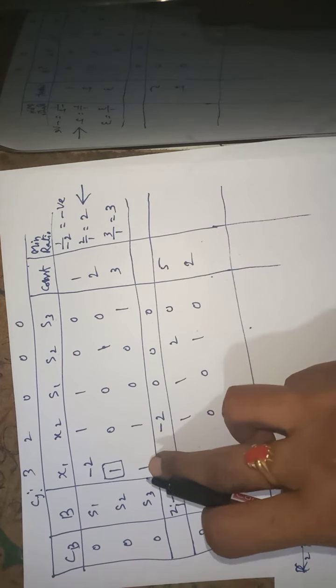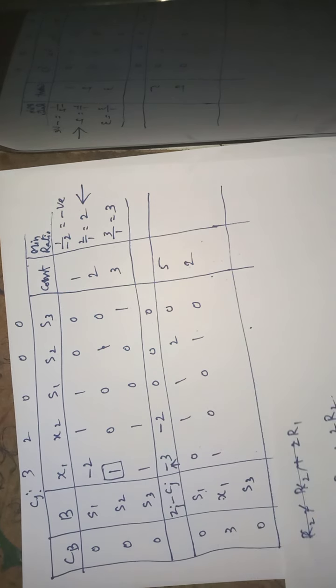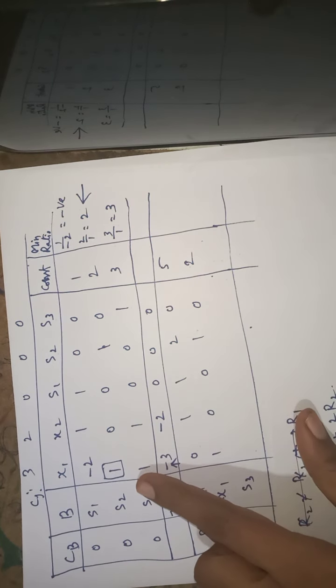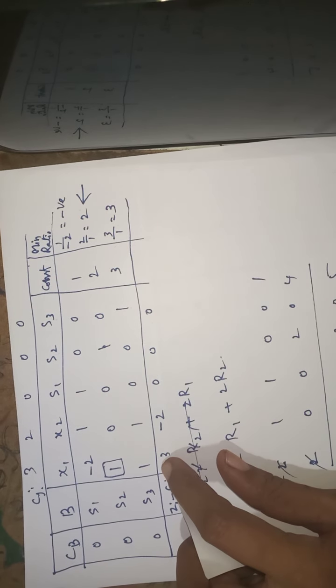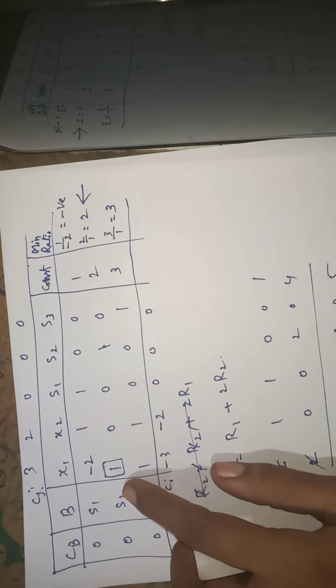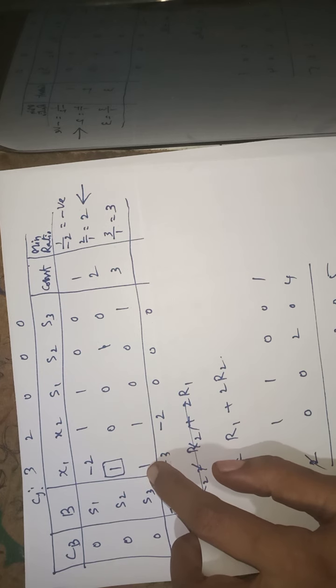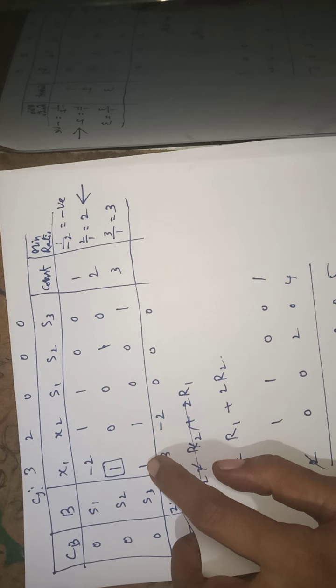Now this element into 0. To convert this element into 0 with the help of the second row, which type of operation do I have to perform? R3, that element is there. R3 is equal to R3 minus R1.